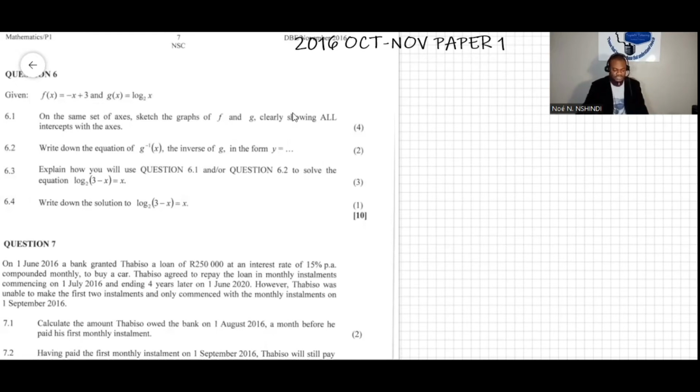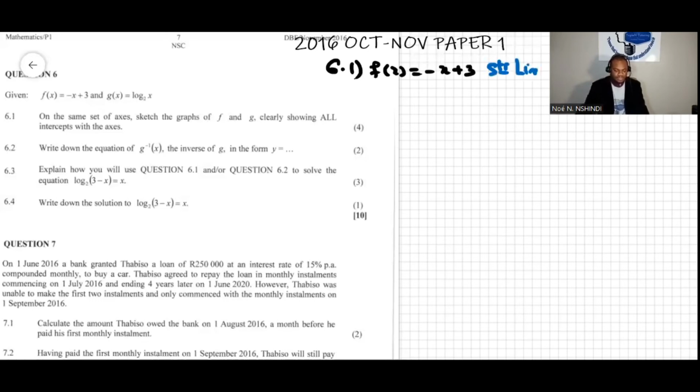We can write here 6.1. We have f of x, which is given by negative x plus 3, and this is a straight line.